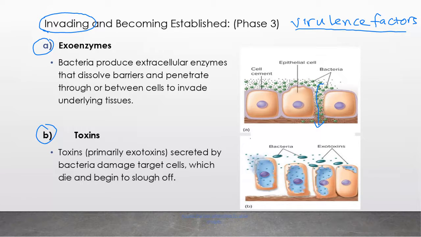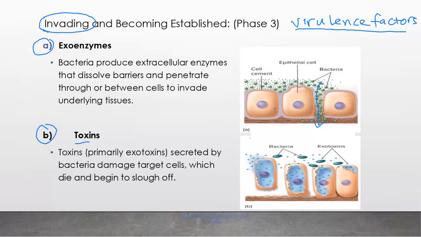So the enzymes are usually produced in the interstitial fluid or area, and then they break the junction between the cells. For example, if this is a skin cell, they break the junction between the skin cells, and when it is broken, bacteria will enter into the sterile tissue. Okay, that's the enzyme.